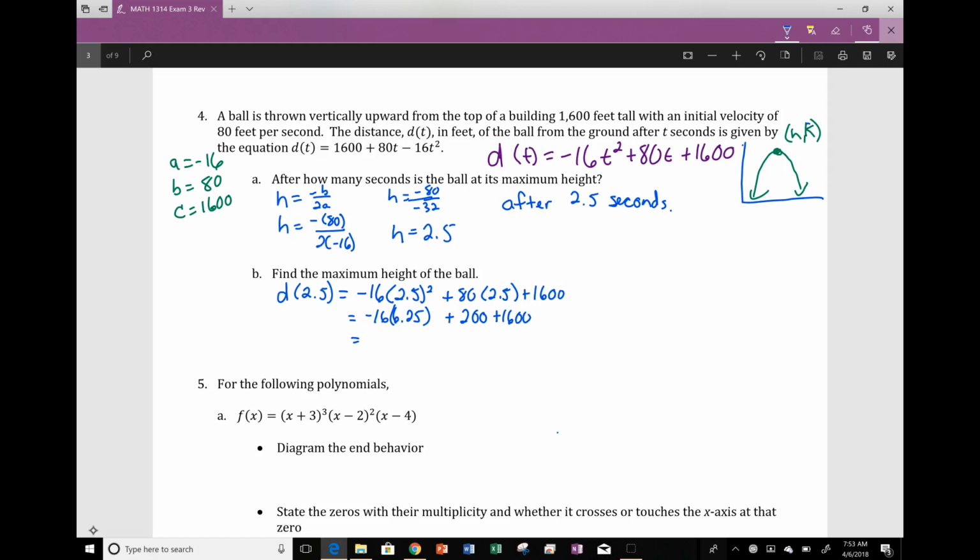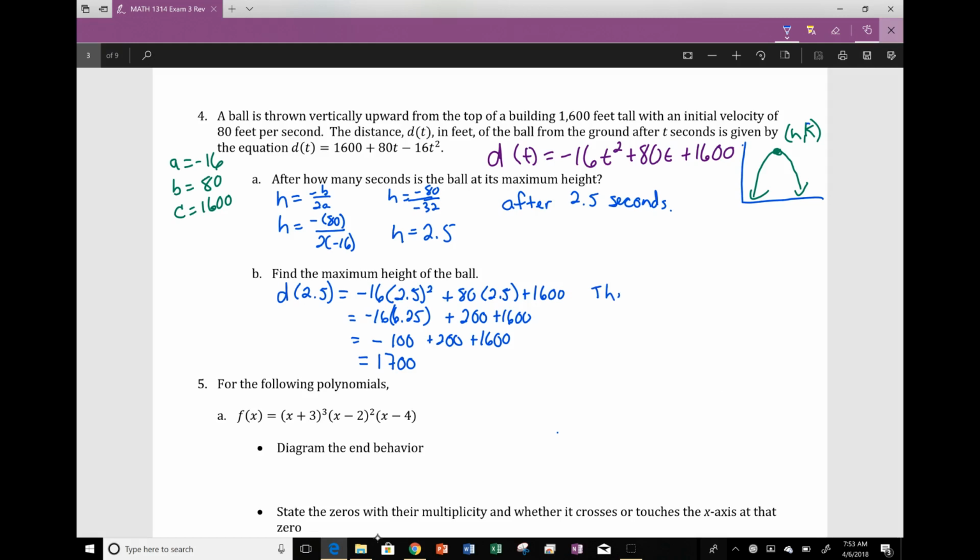Now I'm going to take the negative 16 times the 6.25, and I get negative 100, plus 200, plus 1,600. So negative 100 plus 200 is just 100, plus 1,600 is 1,700.